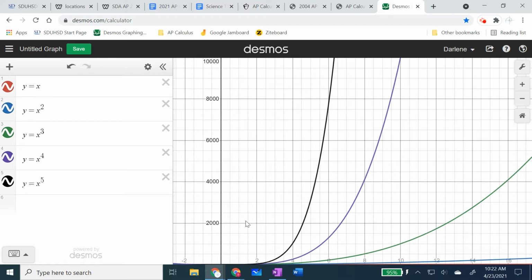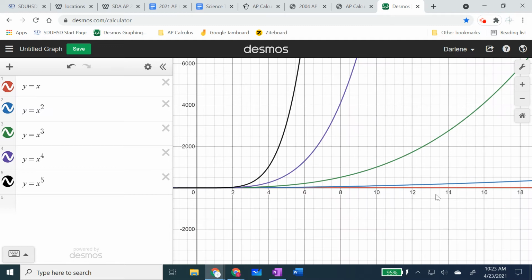Realize that I've got 2,000 for the y value here, but I have not changed the x's. You can now see that the x squared graph looks like it's flattening. And the x cubed graph is looking much flatter.